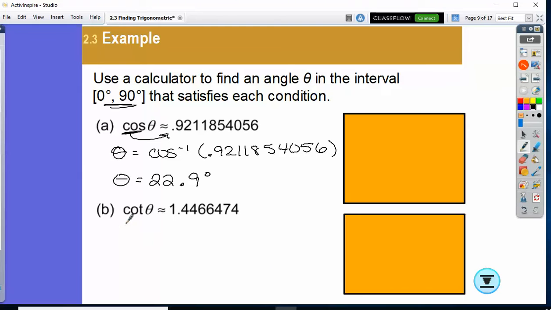So I need to first, before I move it over, rewrite this in terms of tangent. Tangent and cotangent are reciprocals, so that means tangent is 1 over this value. If you don't do this as your first step, you will get the wrong answer. So first, write it as 1 over.